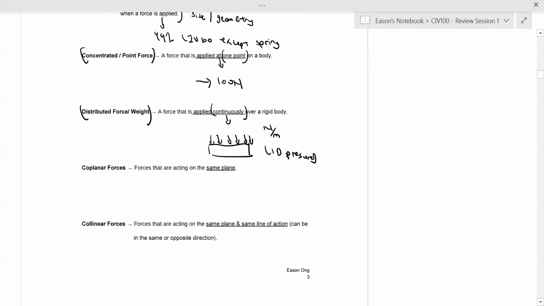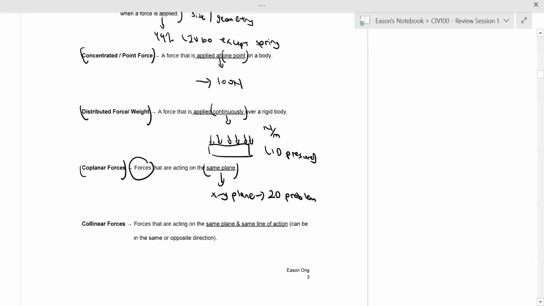And the second thing is coplanar force. As the name suggests, coplanar force means all the forces are acting on the same plane, right? So in this case, it normally means your XY plane. And coplanar force is important in the sense that it hints that all your questions will be 2D problems, right?